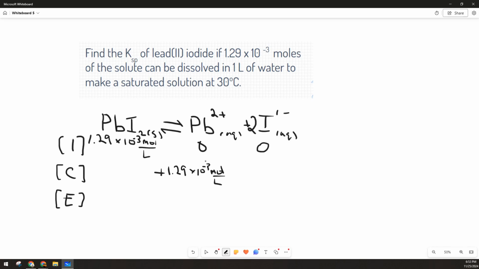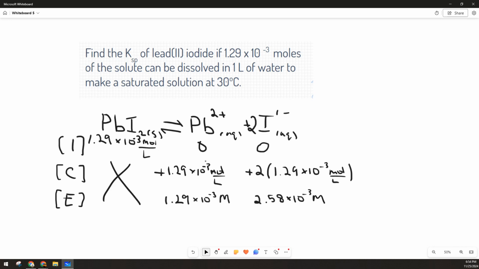There's a 1 to 2 ratio between the ionic compound and the iodide. So I'll multiply the moles that were dissolved in a liter of water by 2 to get the concentration that's going to dissolve of my iodide ions. Since in this case we were just dissolving in water and there were no ion concentrations initially, our equilibrium concentrations will equal the change.